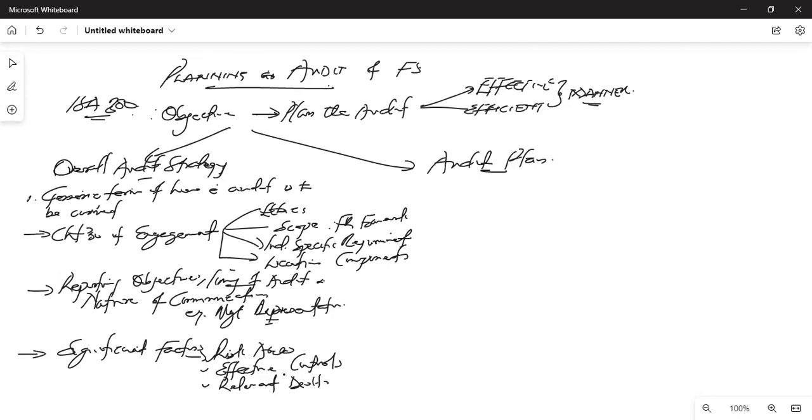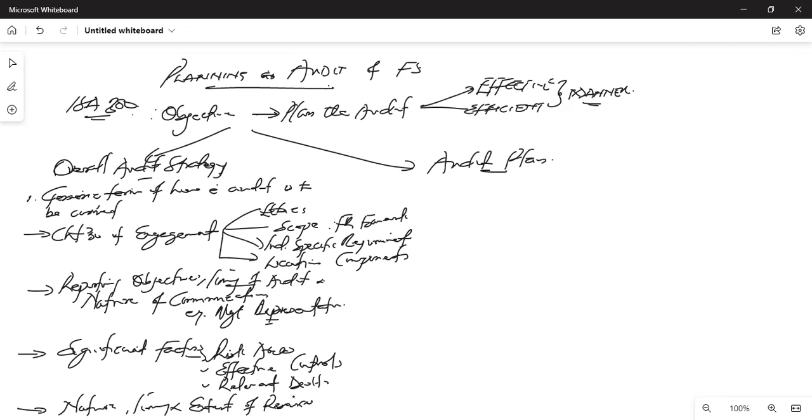Then lastly, you sit in your team in your office, determining your overall audit strategy by looking at the nature, the timing, and the extent of resources that you need to provide for the audit.